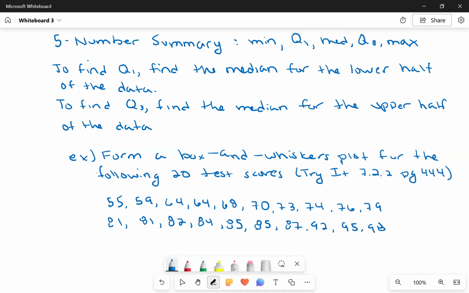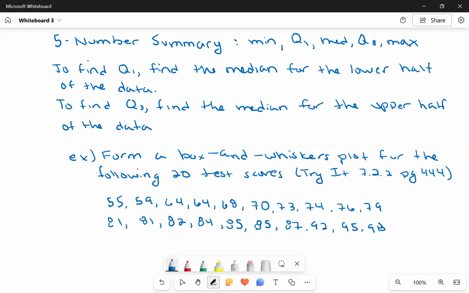So they were nice enough to put it in order. And the fact that they stacked it was also nice because since we know there's 20 test scores, the top row is 10 of them and the bottom row is the next 10. So they kind of split it in half for us.